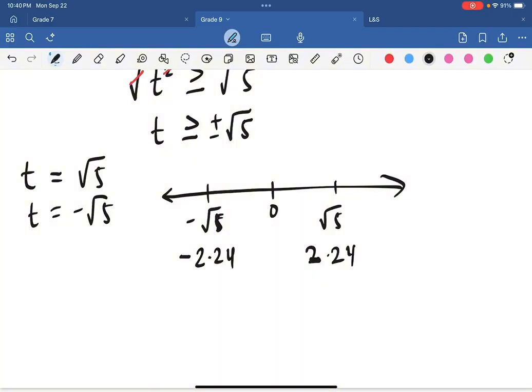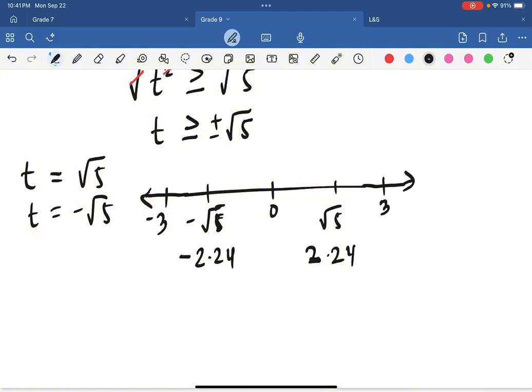Let's extend the number line first so that we could illustrate it properly. So, since we are aware that the approximate value of negative square root of 5 is negative 2.24, the number before that we could choose is negative 3. And for this one, we could also choose 3.